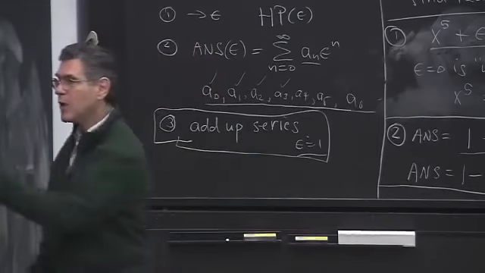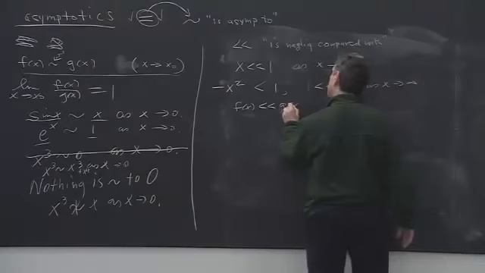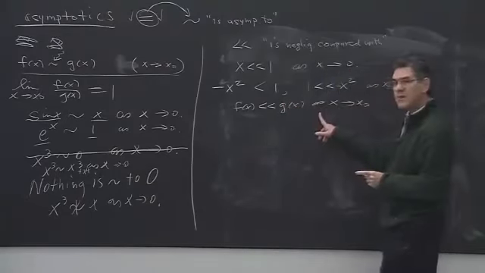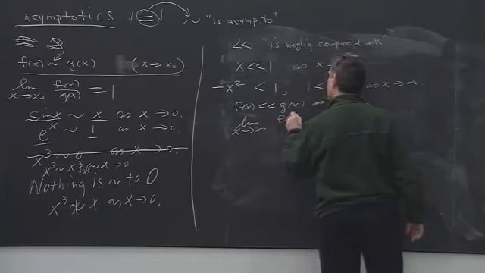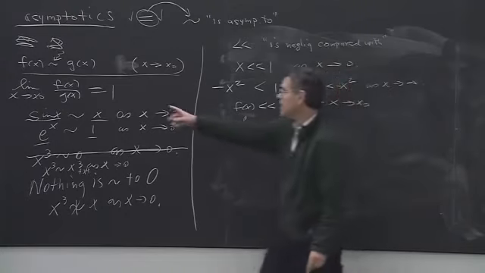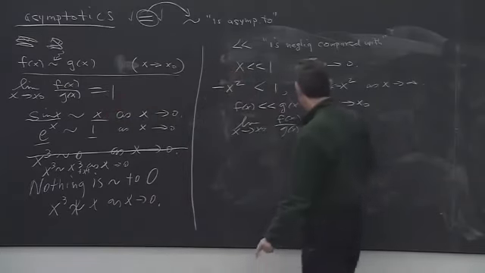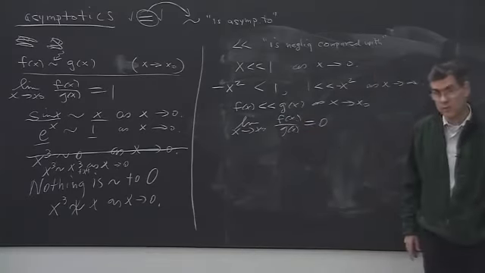When you say f of x is negligible compared with g of x as x approaches x naught, what this means is that the limit as x approaches x naught of f of x over g of x is 0. So over here, that limit is 1, so they're approaching each other. Over here, f is becoming negligible compared with the other because this ratio is going to 0. You understand?